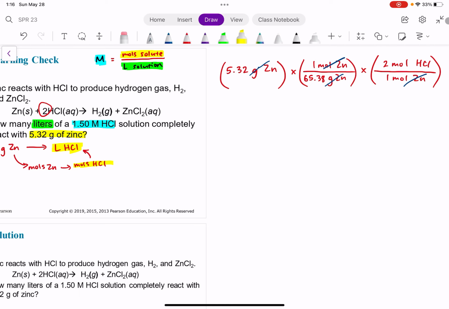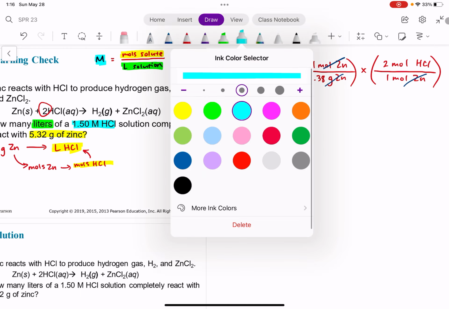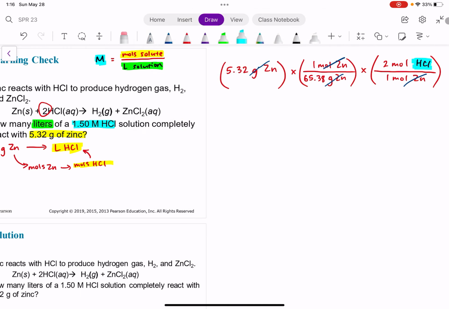If I know the molarity of my HCl, which is 1.5 molar, that's saying I have 1.50 moles of HCl per 1 liter of HCl.